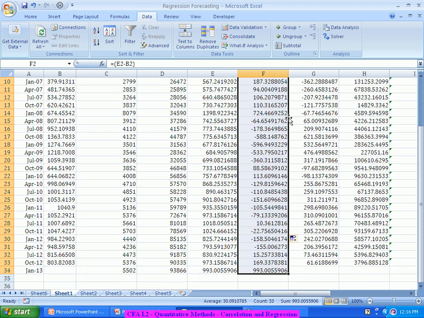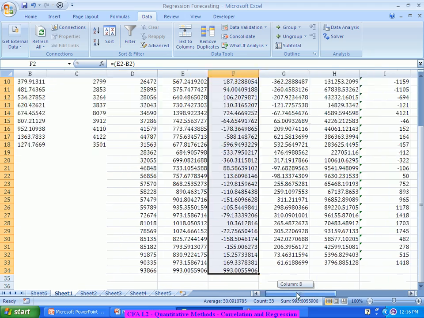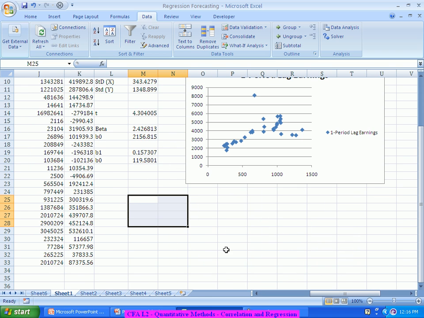I'll try to find the correlation between the actual independent variable, which is x, and the residual.